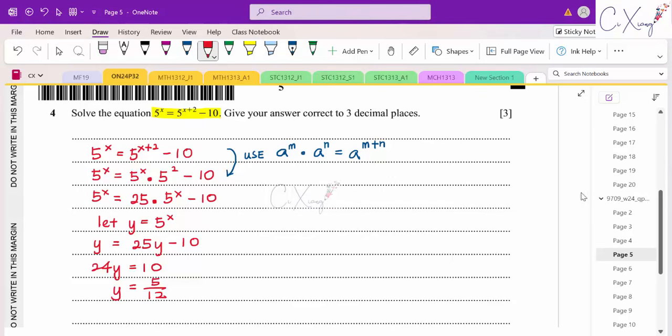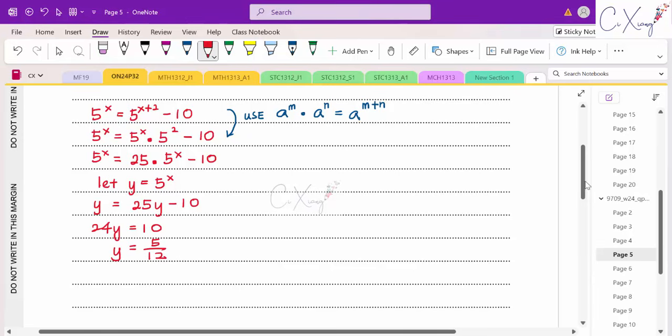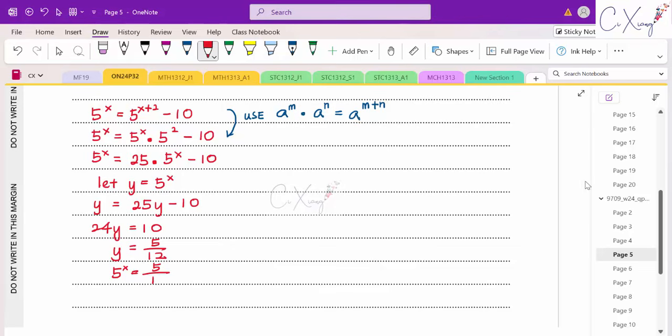But of course, this is not your final answer, right? Because your final answer should be in terms of x. So replace back your y into 5 power x equals 5 over 12. So we take ln both sides and pull the x in front. Okay, then after that, to get the value of x, I have to bring the ln 5 over. And try to use calculator to help us and simplify the answer.